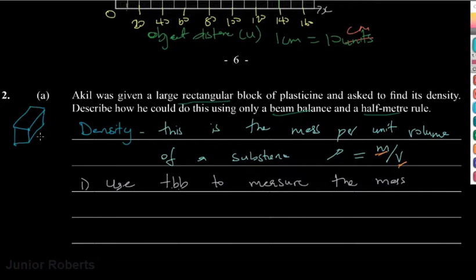So again, how could we find the volume of this rectangular block of plasticine? We have a triple beam balance and a meter rule. What could we do?